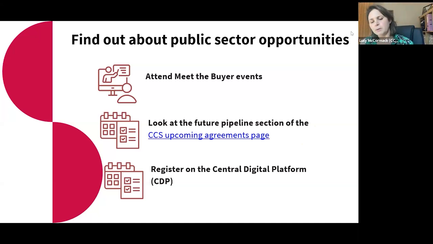And crucially, the publishing of the pipeline notices will give better visibility of procurement plans and enable you to track potential opportunities to determine if you want to tender. And it will be particularly beneficial to SMEs and VCSEs, allowing greater time to plan. The long-term goal for Cabinet Office is that the pipeline notices and pre-market engagement notices will be on supplier profiles by default.